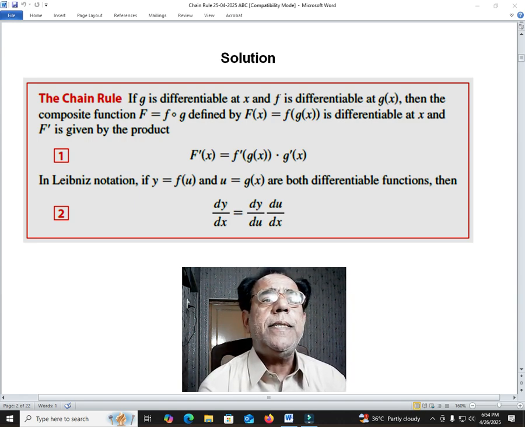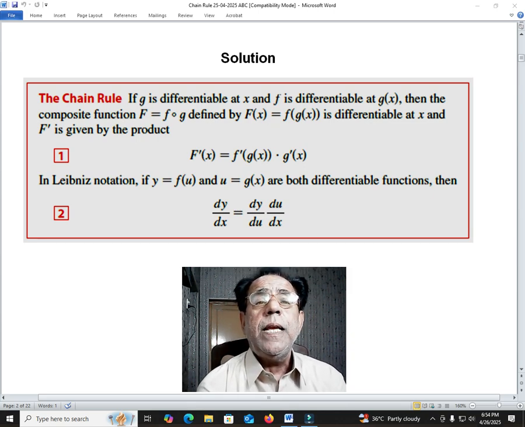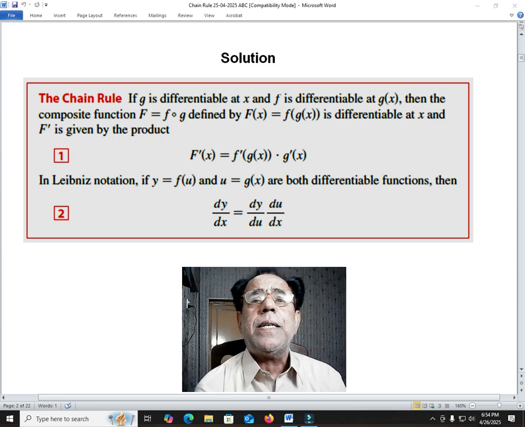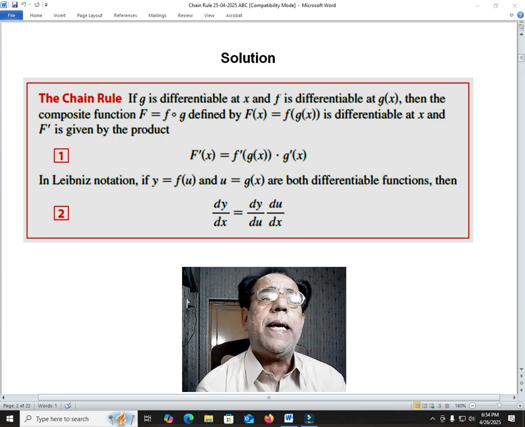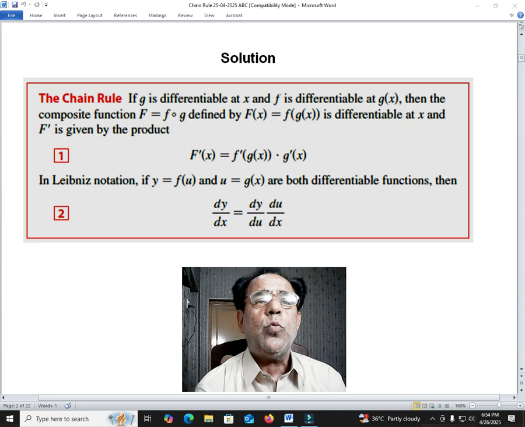The chain rule: if g is differentiable at x and f is differentiable at g(x), then the composite function F equal to f composed with g, defined by F(x) equal to f(g(x)), is differentiable at x and F dash, that is the derivative of F, is given by the product F'(x) = f'(g(x)) · g'(x).